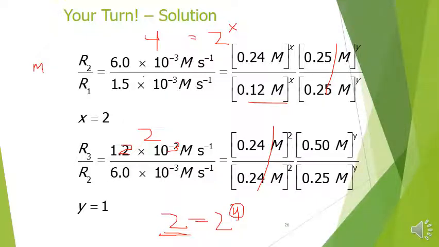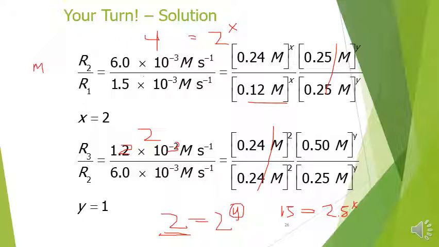So for instance, let's say the rate went up by 15, and you didn't double your concentration, but let's say it went up by 2.5. It's not such a simple relationship here.